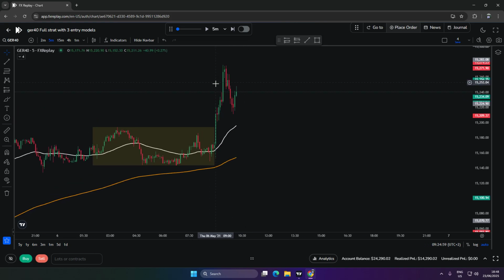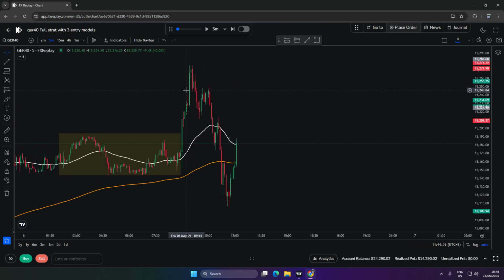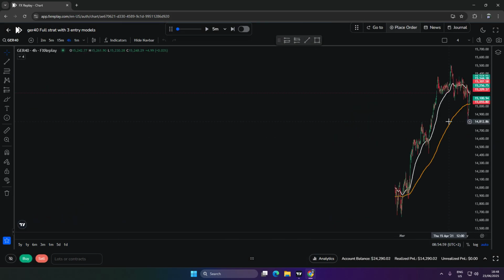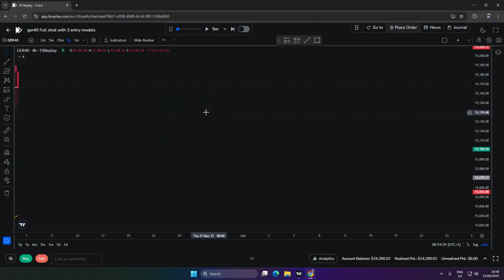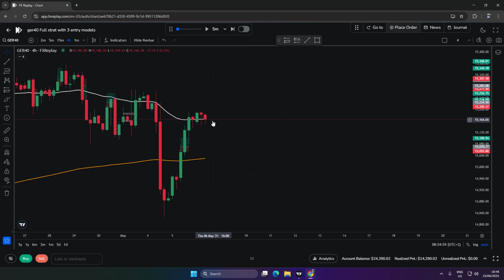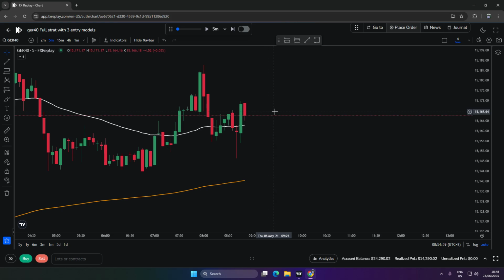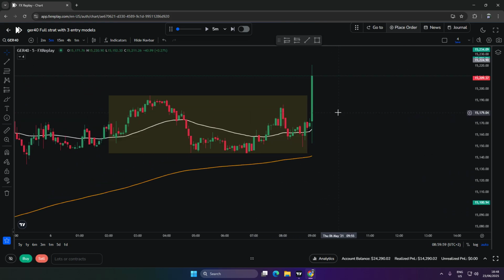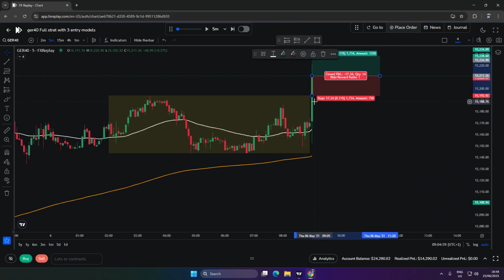Oh, this was an entry, also a loss. Like normally what I saw, the first candle like this will most of the times be a loss. But it's fine. We cannot always win.